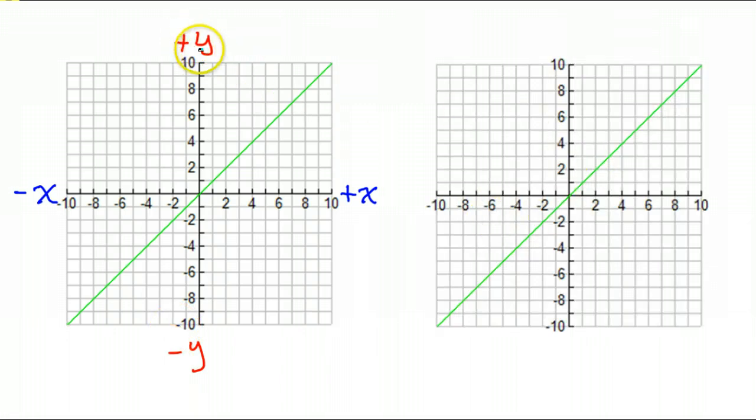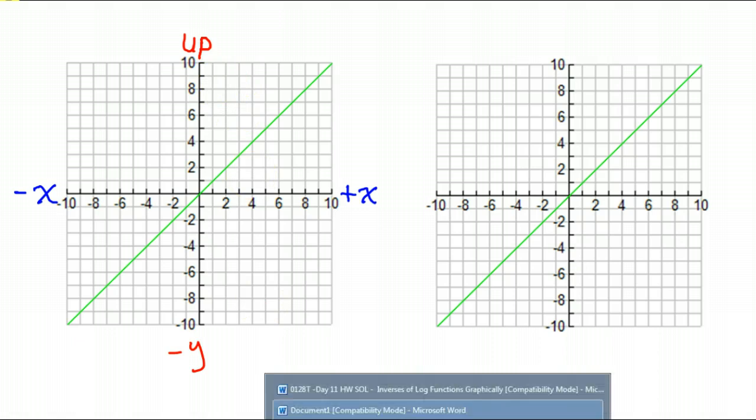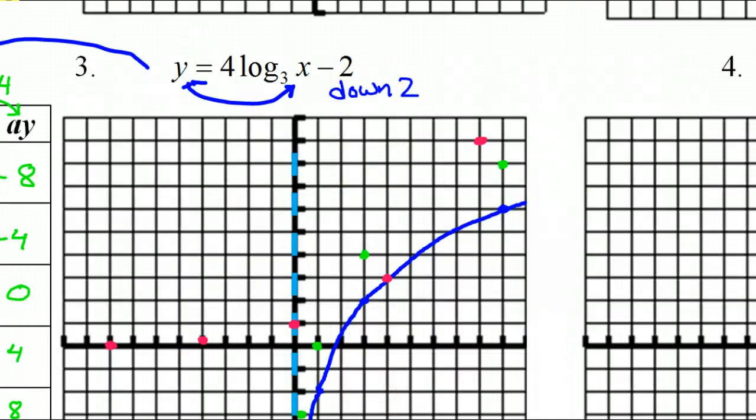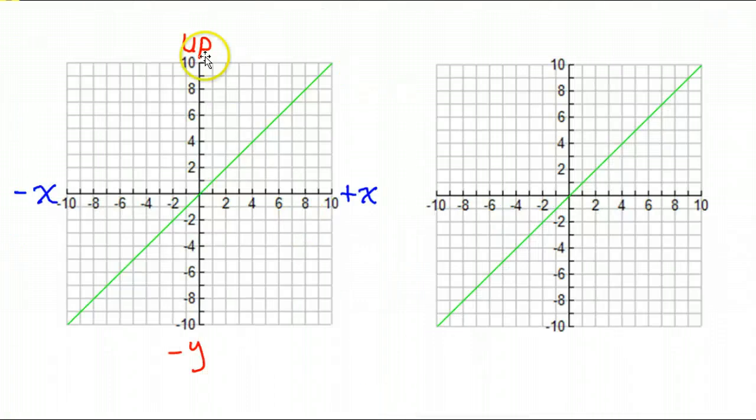Now, as these switch places, this positive y is up. I'm back to talking about how things shift, like this is down 2, for example. This positive x value is right, this negative x value is left, and this negative y value is down.